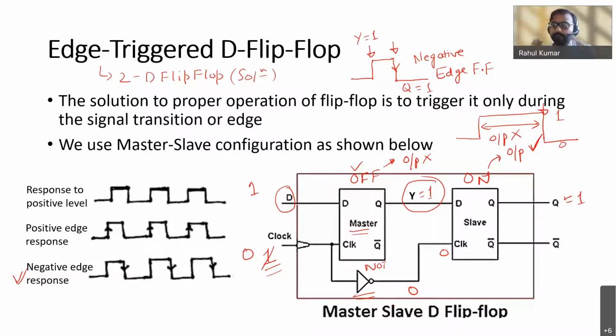This will prevent further changes in the output, since you have a very short duration in which the output of your memory state is changing. So it's quite short, and we can use this to store the binary bits.